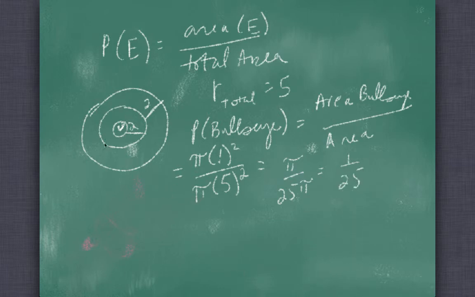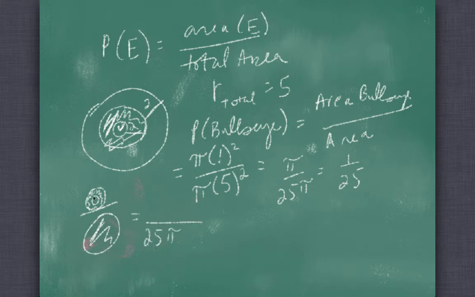What if instead I wanted to know just the probability of this area here? Maybe that's for 10 points or whatever. So you want to know the probability of this. So first you need the area of that bit divided by the total area. We already know the total area is 25 pi, so that's going to remain the same. For this top part though, what we have to do is take the area of this entire circle and then remove the area of the bullseye, because we don't want to count that now.